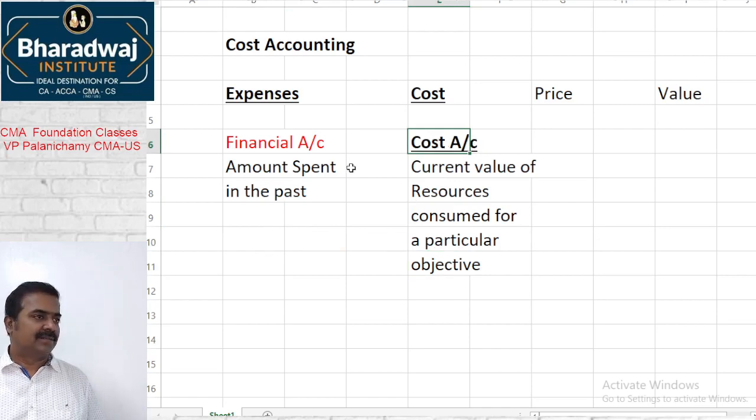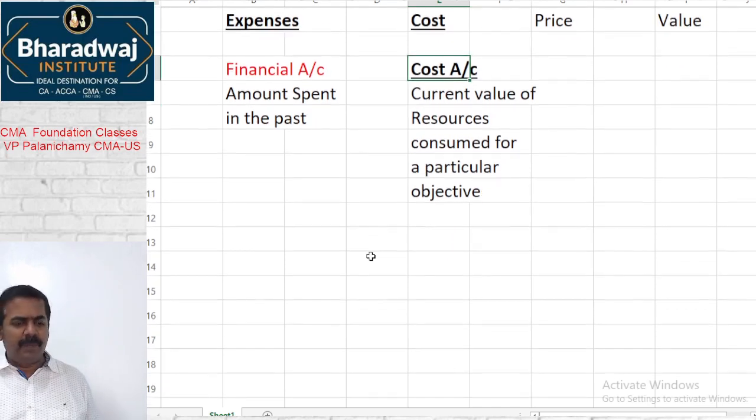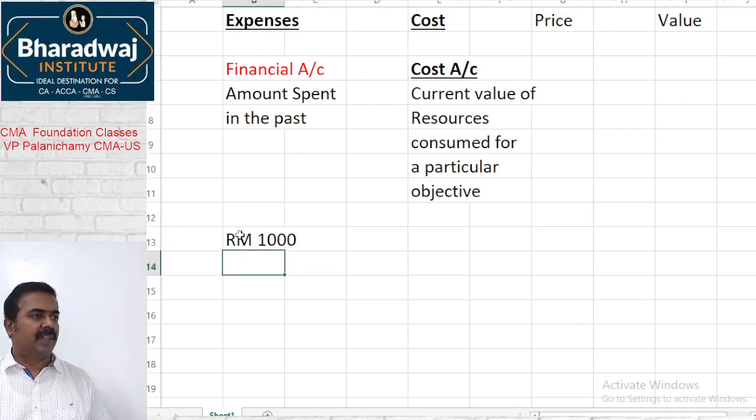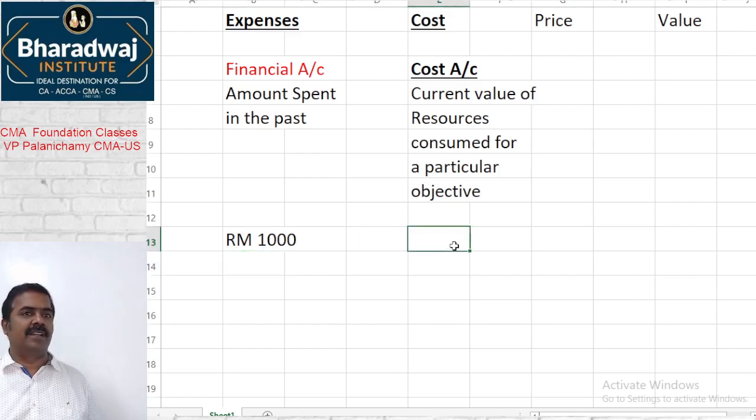Cost. Okay, pay attention. Let's assume I'm coming to your home for interior decoration work. I purchased raw material last month for 1,000 rupees. Today, if I have to buy the same raw material in the market, I'll be spending 1,200.